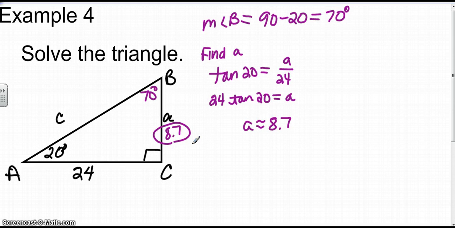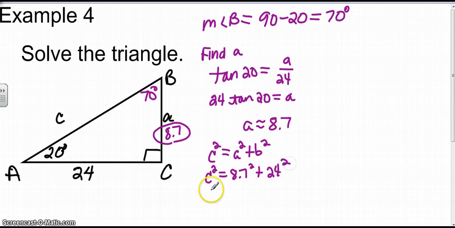Now when I find C, I could use a ratio again, or I could try to make it real easy on myself and just use a Pythagorean theorem. So I would have C squared is equal to A squared plus B squared. C squared is equal to 8.7 squared plus B squared, which is 24 squared.